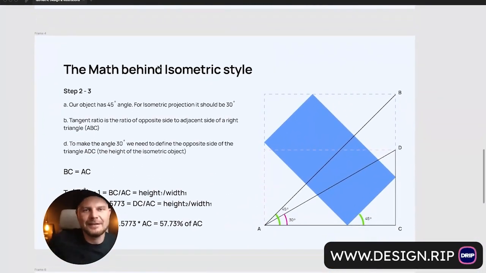It probably looks complicated, but let me explain. I don't know about your school, but in my school in 9th grade, or maybe it was 8th grade, I don't remember exactly, but definitely at school, we were learning tangents of different angles.